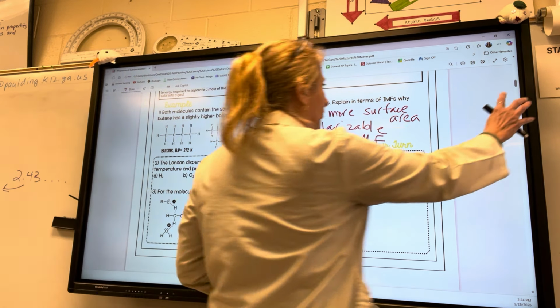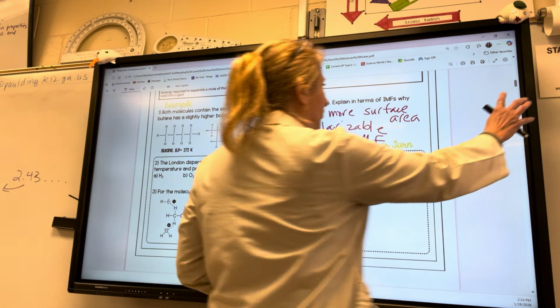Okay, the London dispersion forces are weakest for which of the following gases under the same temperature and pressure? Explain your choice. So which one of these, hydrogen, oxygen, xenon, or fluorine, think about it this way, would fly off the easiest, be the least bound to its others? Who's flying off? Yes, hydrogen. I heard y'all say it.